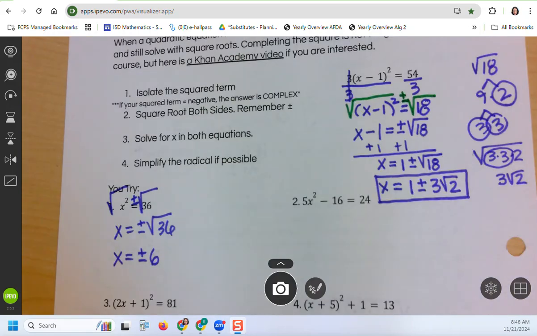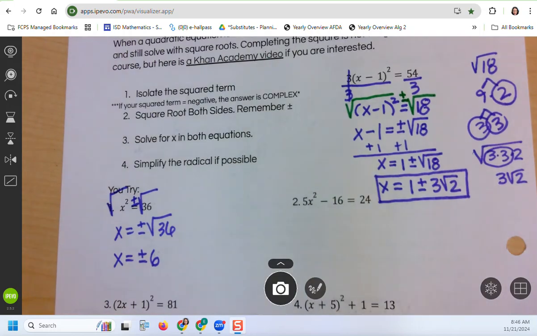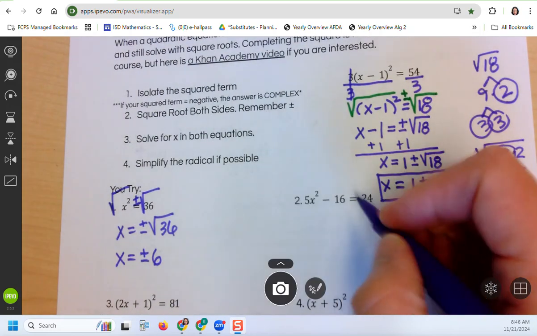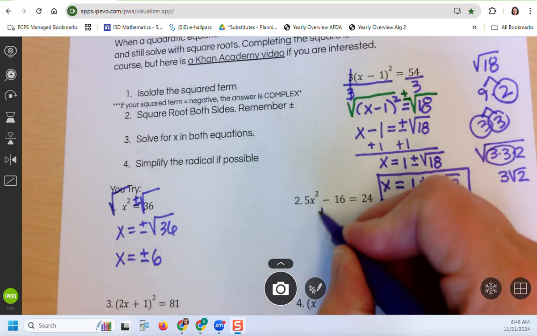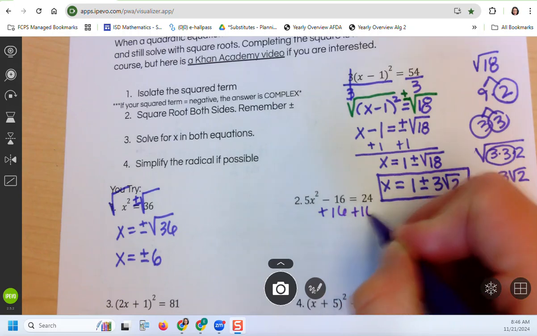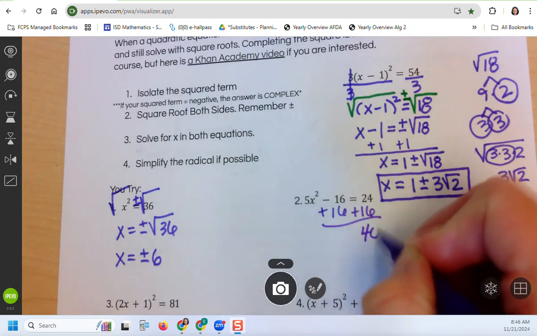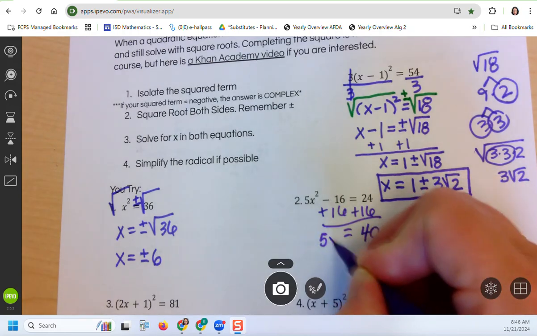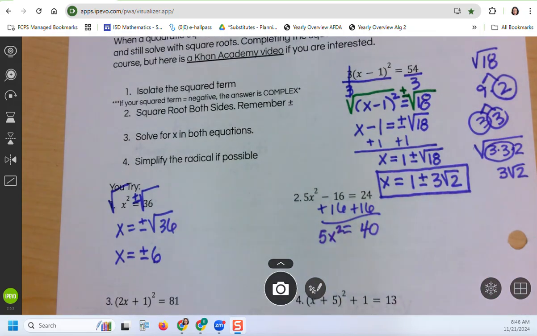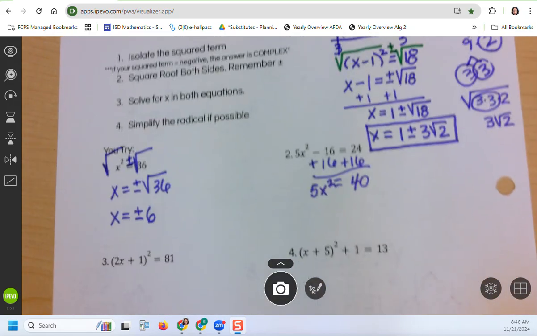All right, here we go. Ready? Good. So we're going to start by undoing the subtraction with addition. And so you should get 40 there. And then you're going to undo the multiplication by dividing by 5.